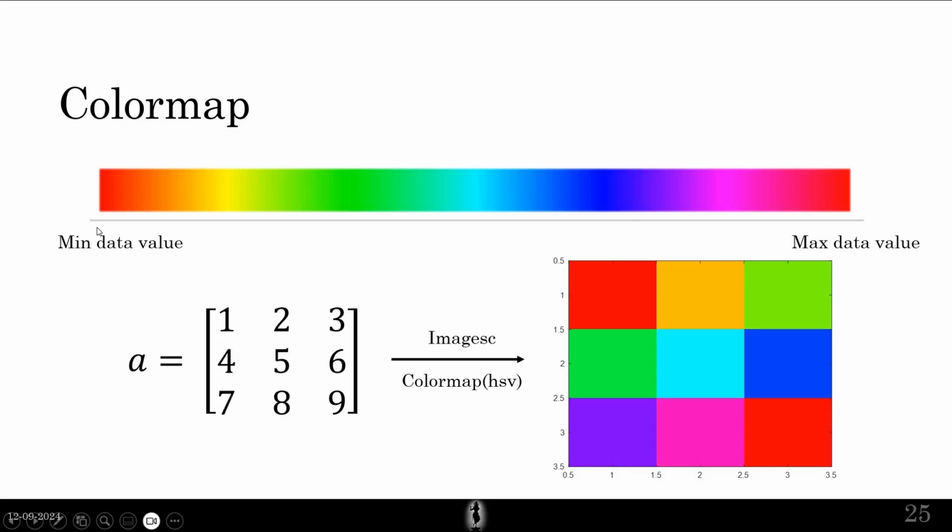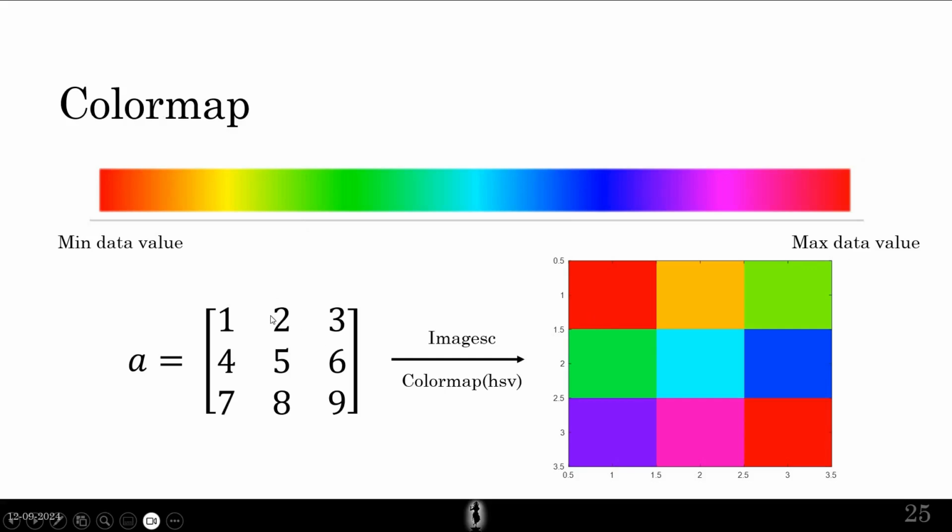If I do imagesc, or I try to plot this particular matrix, I get this image where the minimum value of that particular matrix, 1, is assigned the first color of the color map, and the maximum value is assigned to the last color, and the others are just in the range of the color map.